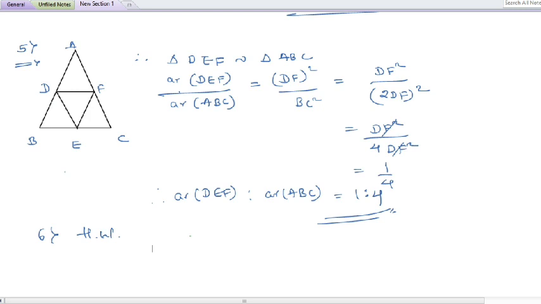What is the given condition? We know that triangle DEF is similar to triangle ABC. So, you can write area of DEF divided by area of ABC is equal to DF square by BC square.